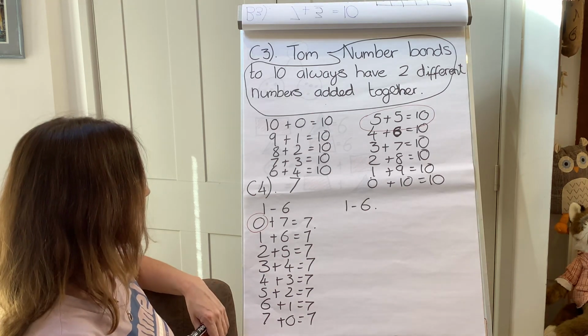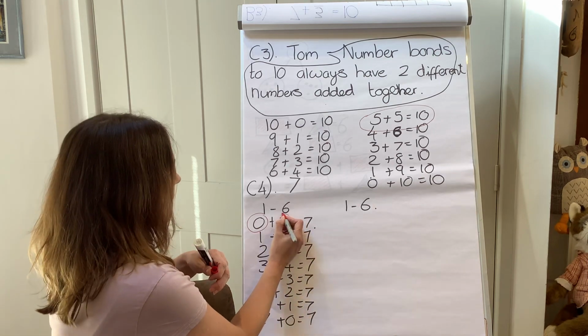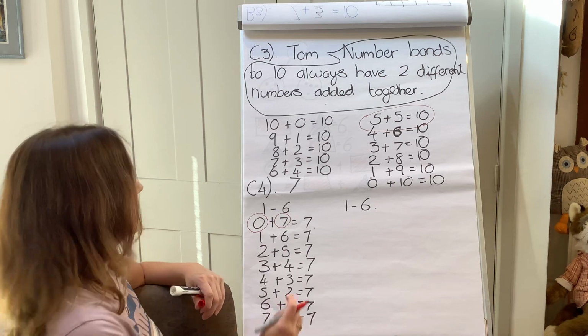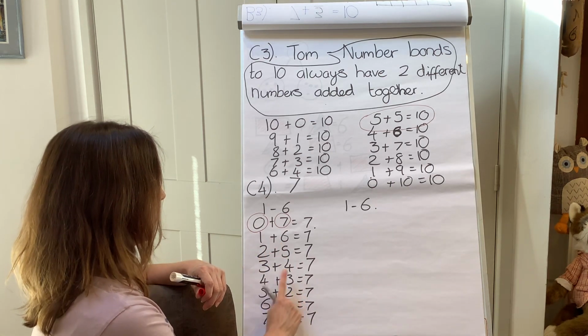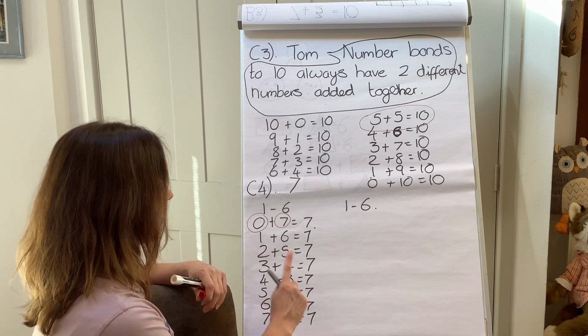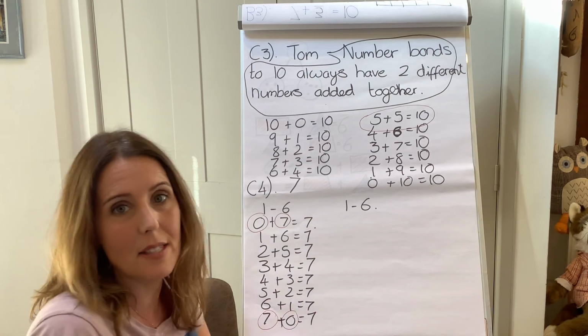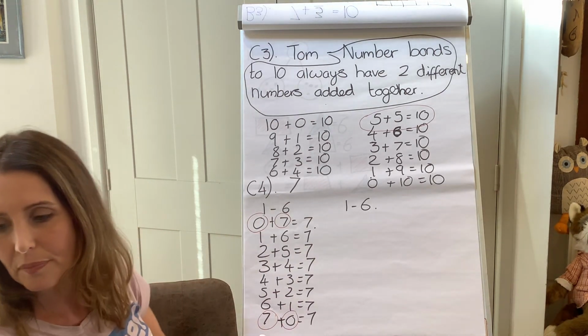Okay, we couldn't do a 0, and we also don't have a 7 on the dice, so we wouldn't be able to find that number bond. We can do 1 and 6, 2 and 5, 3 and 4, 4 and 3, 5 and 2, 6 and 1, and again, we can't find 7 and 0 on the dice. So well done those of you who worked that one out as well.